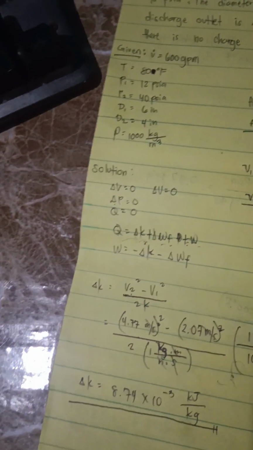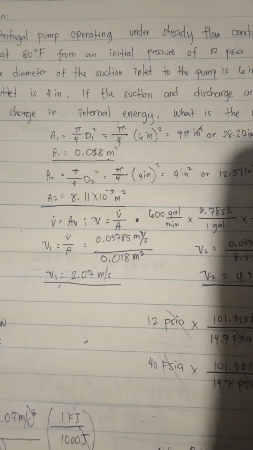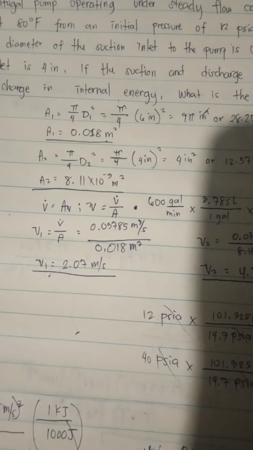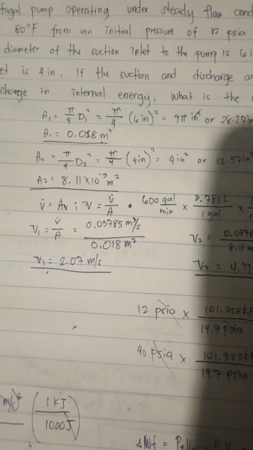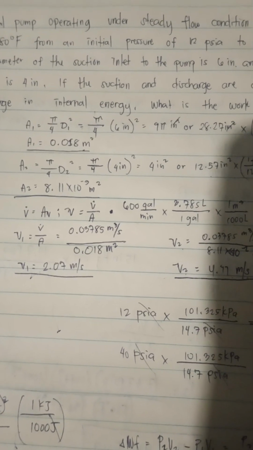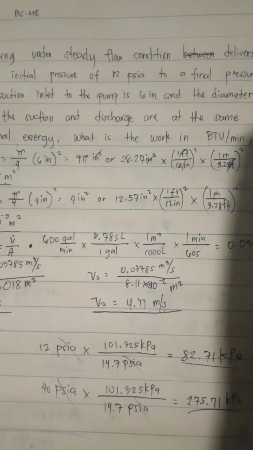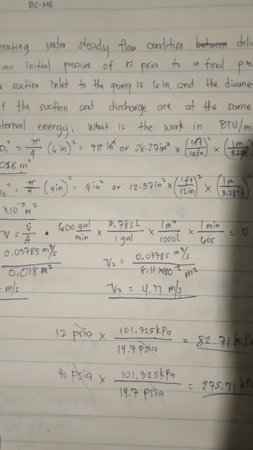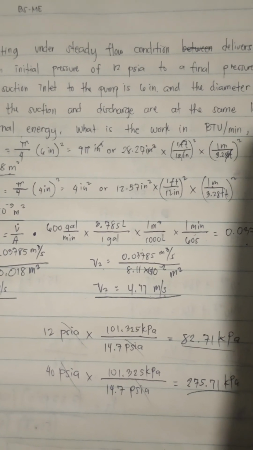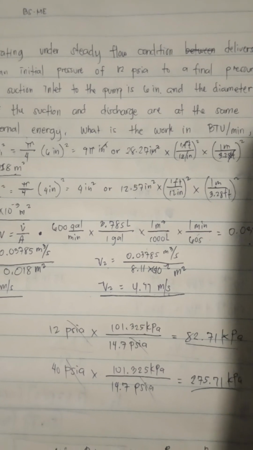So we have the diameters given, so we can solve for the area. The initial area is equal to pi over 4 times the diameter squared. So pi over 4 times 6 inch squared. The answer would be 9 pi inch squared, or 28.27 inch squared.